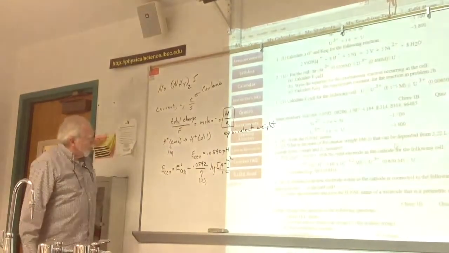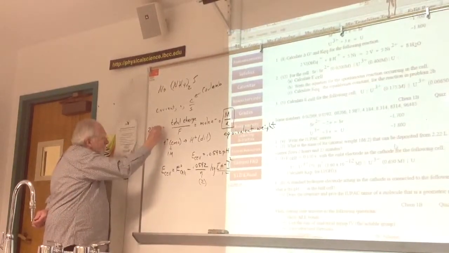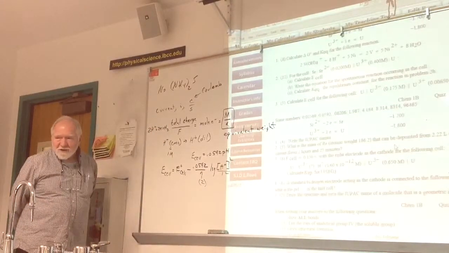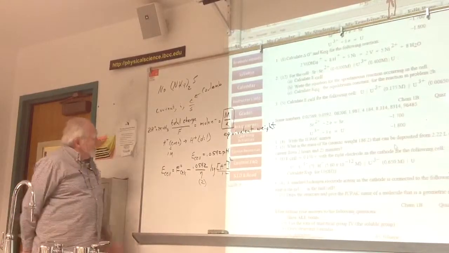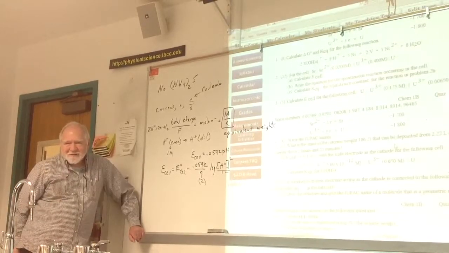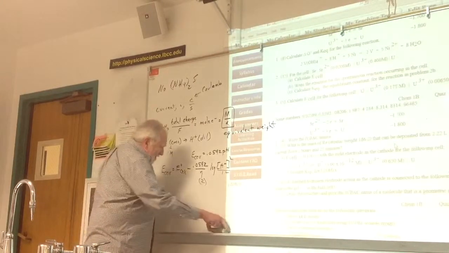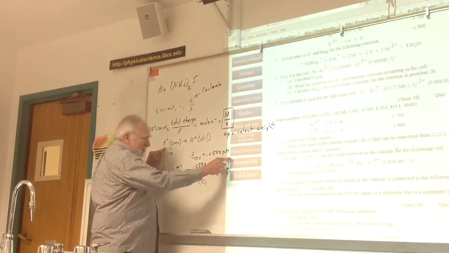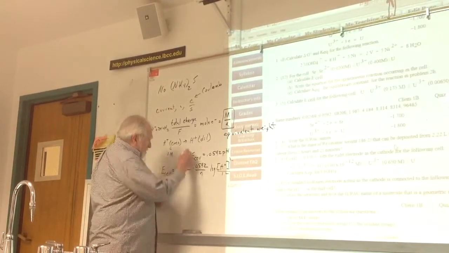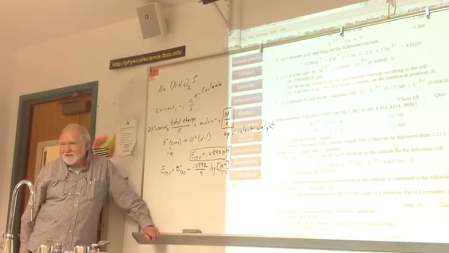Because we're working with that equation, 2 moles of electrons, and when you do that, it's H plus squared in the numerator. Or to balance this equation, then n is 1, and it's H plus to the first power, which is what you get when you reduce it down. So you eventually ended up with this equation, which I did for you in lecture, and the book does that for you.